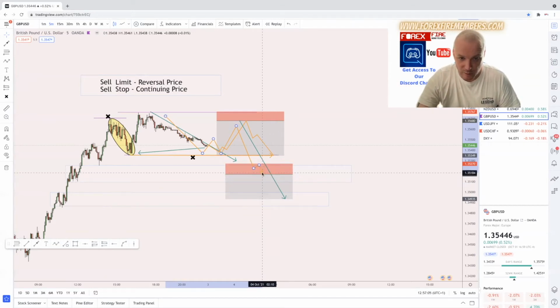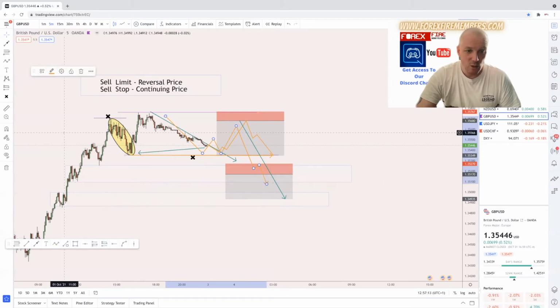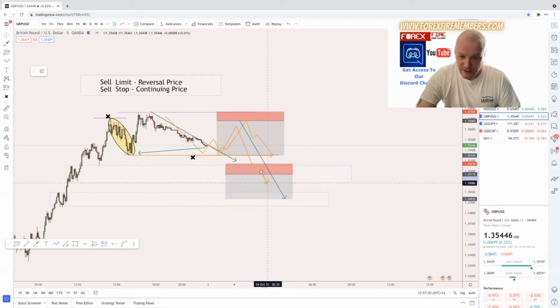If this was to come up here and then drive back up, it is not activated until price physically comes through here. Okay, once price gets through that area, once price starts to move through here, if this decides to come back and hit that area, that is where we would be stopped out.